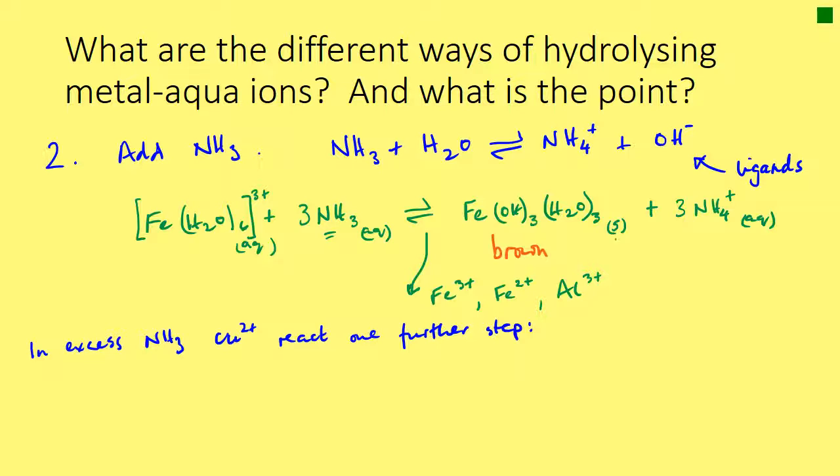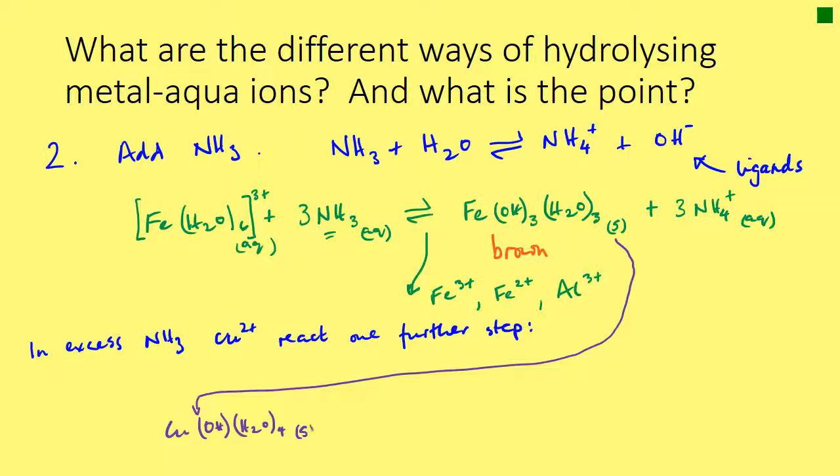So we start off with our copper version of this precipitate. So it's a copper 2+ ion, and it's a 2+ ion, so we've got 2 hydroxide ligands and 4 water ligands.